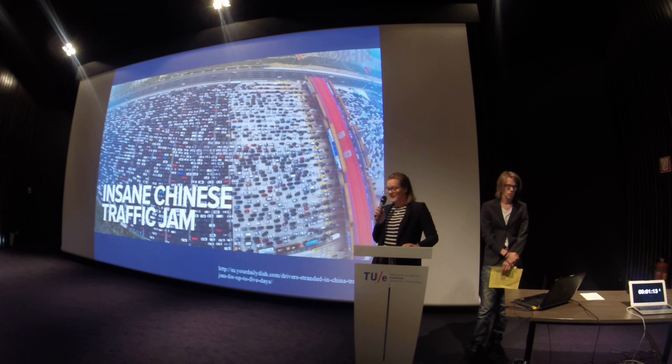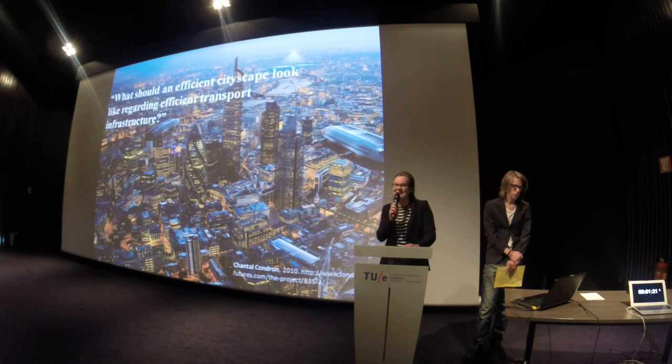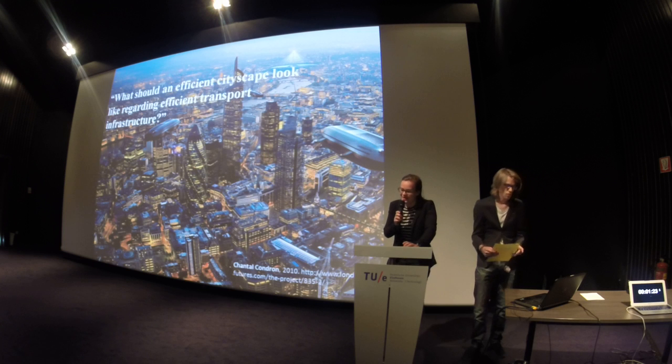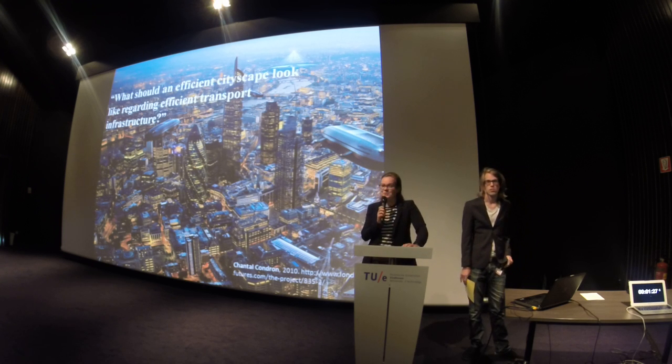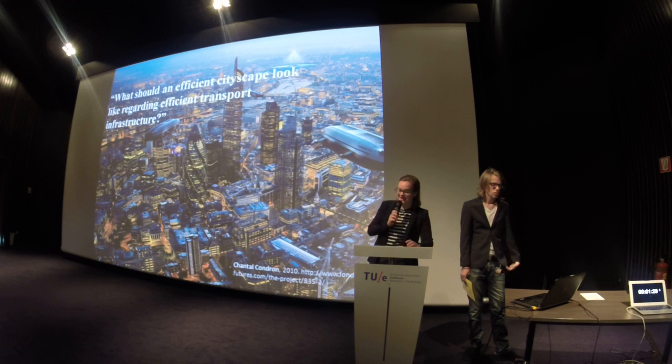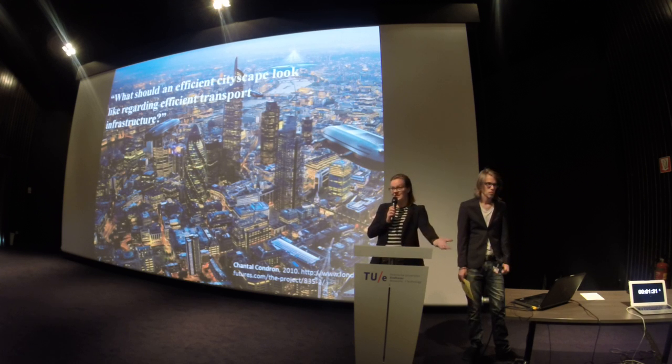In our paper, we aim to provide an overview of important characteristics for efficient transportation within a city. These can either be characteristics of a city or of a transportation system.